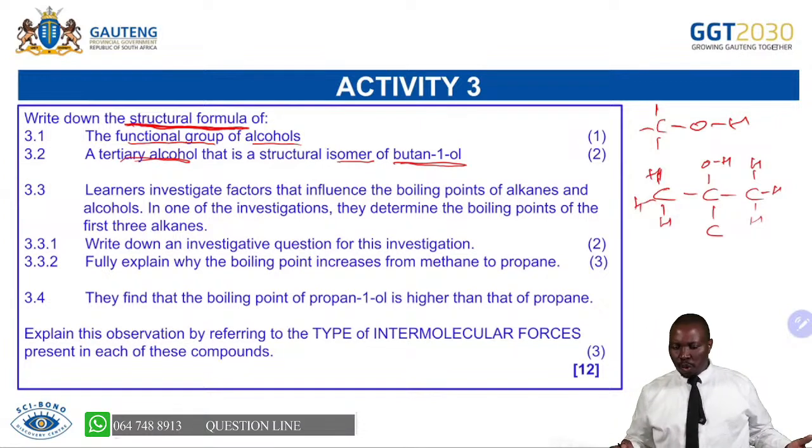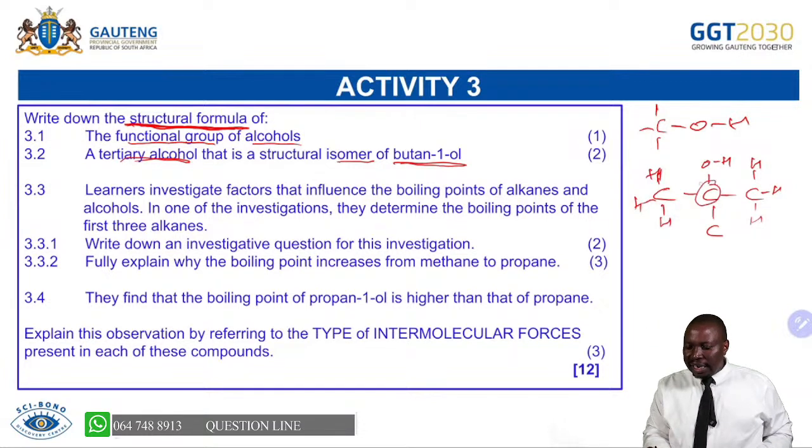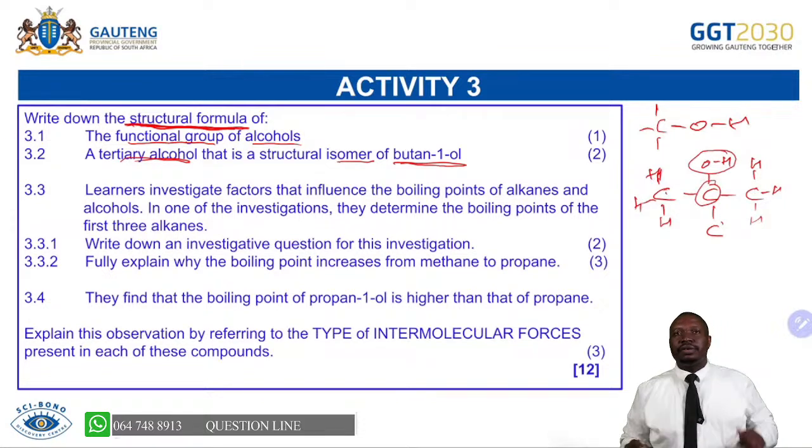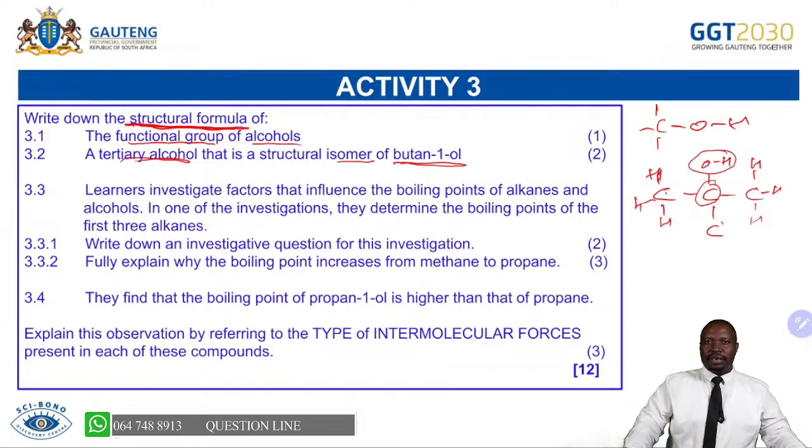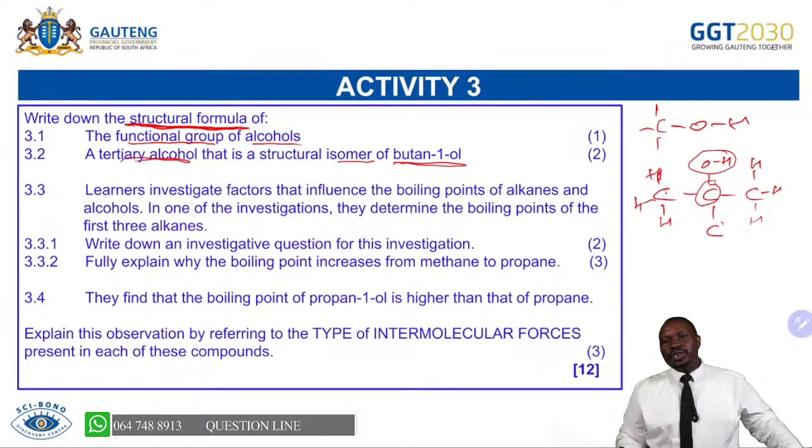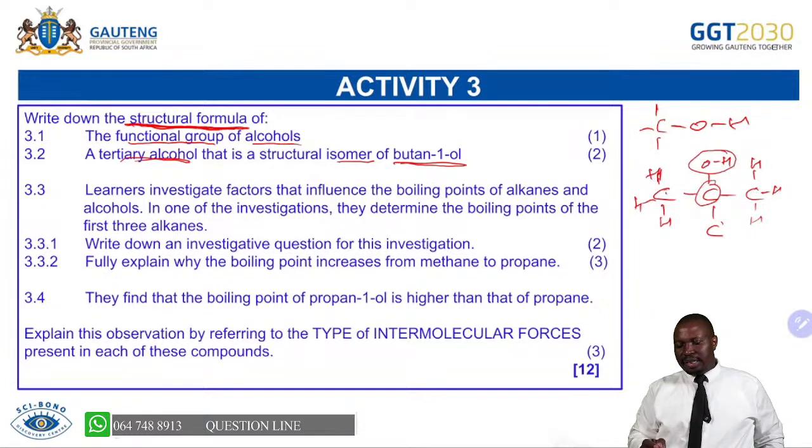Is this tertiary? Yes. Why? Because the carbon that is bonded to the hydroxyl group is bonded to 3 other carbons. I don't want to say the carbon that is bonded to the functional group, because OH is not a functional group. So that is a misconception that you might have. It is the carbon that is bonded to the hydroxyl group that is bonded to 3 other carbons.